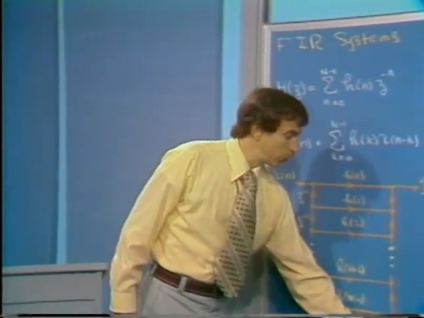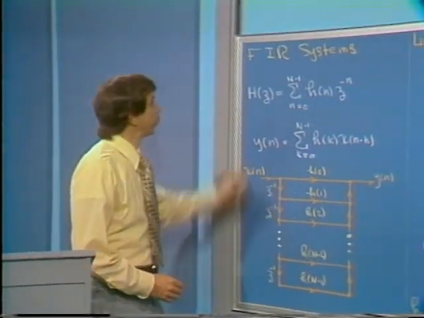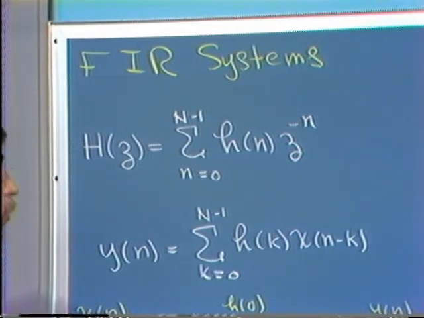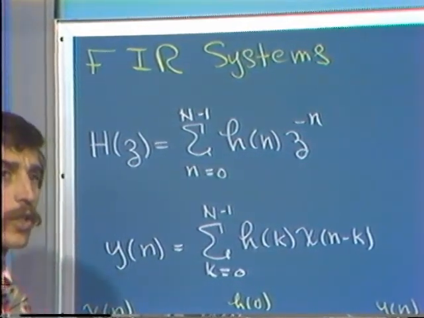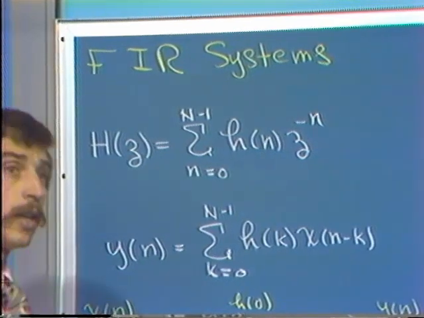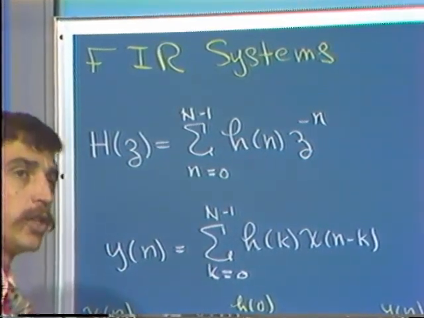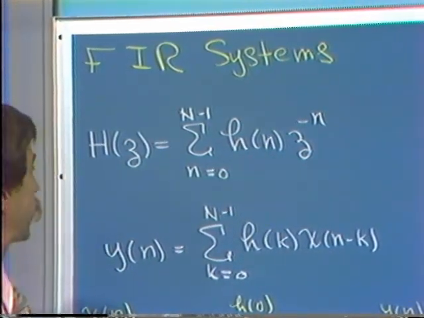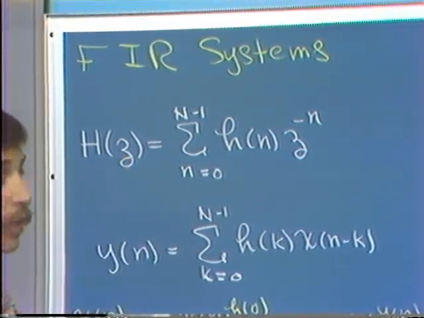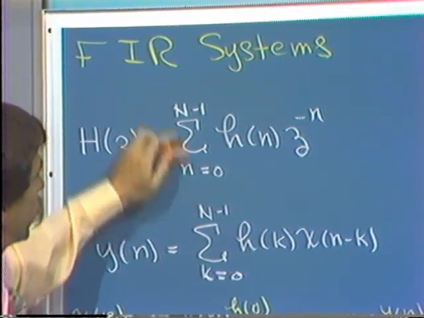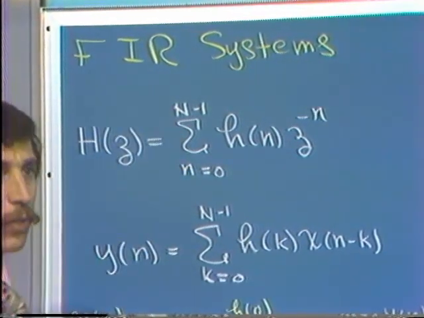First of all, let's consider the general form of a finite impulse response system. One of the characteristics of a finite impulse response system, of course, is the fact that the impulse response has only a finite number of non-zero samples, or equivalently, the system function involves a sum only over a finite range.